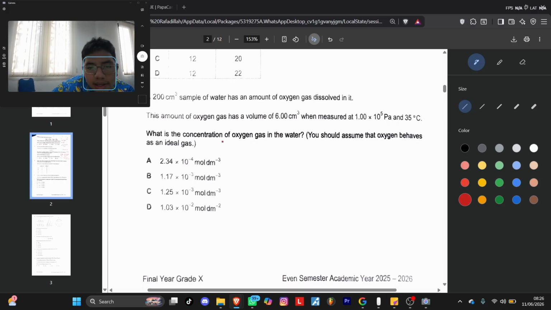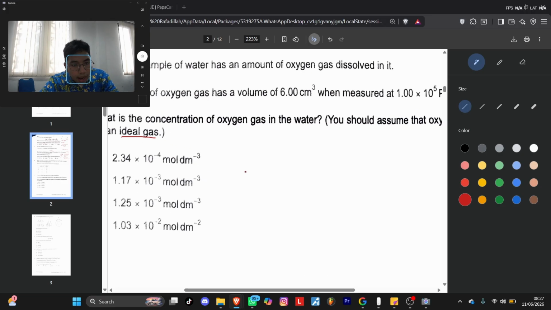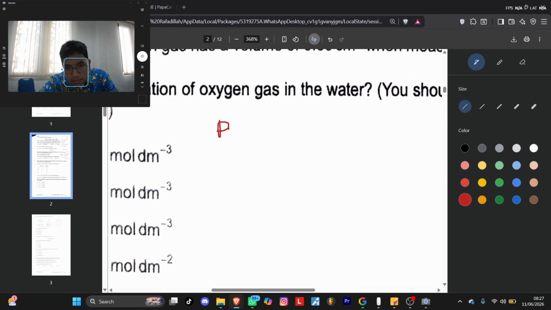What is the concentration of oxygen gas in the water? You should assume that the gas is an ideal gas. We know from this question this is an ideal gas. So for an ideal gas we use PV equals nRT.